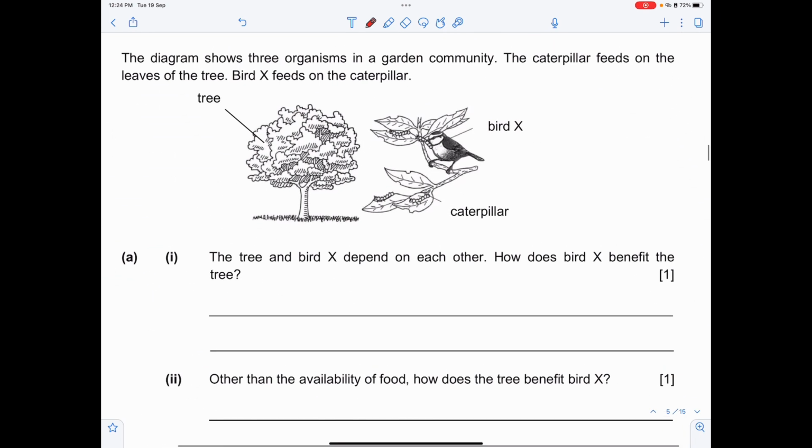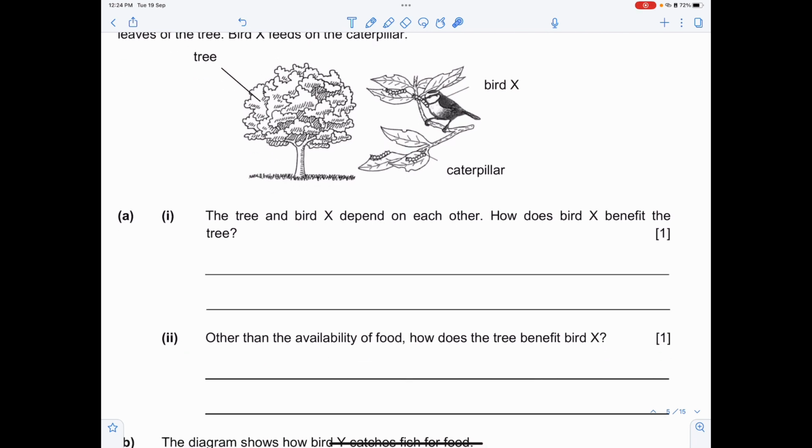Okay, the diagram below shows 3 organisms in a garden community. The caterpillar feeds on the leaves of the tree, bird eggs feeds on the caterpillar. The tree and the bird eggs depend on each other. So they depend on each other means what? They benefit each other.